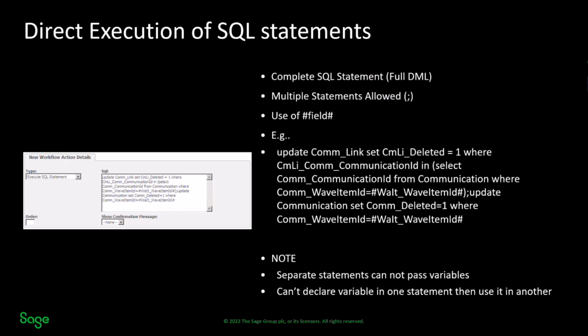Another type of very large scale action that you can carry out within a workflow is to be able to run SQL statements. And these are complete statements that we're writing in here. So it's the complete DML that you're writing. You are allowed to run multiple statements, and you can reference fields that are in context.